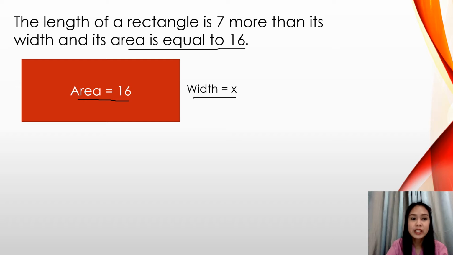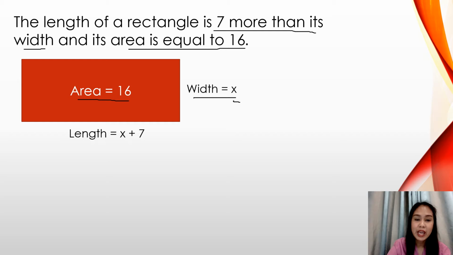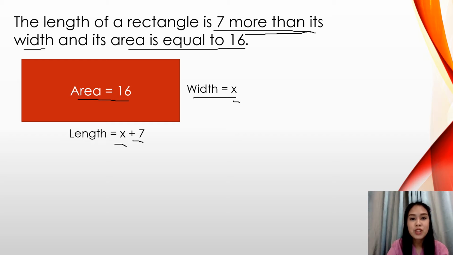The length of the rectangle is 7 more than its width. Since we do not know the value of the width, we write it as x, and we also use that in the measurement of the length. Since it says that it is 7 more than its width, the x here represents the width and plus 7 represents 7 more than.